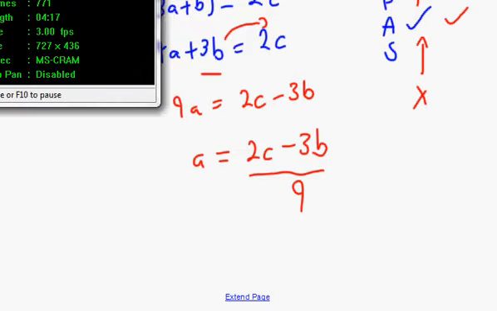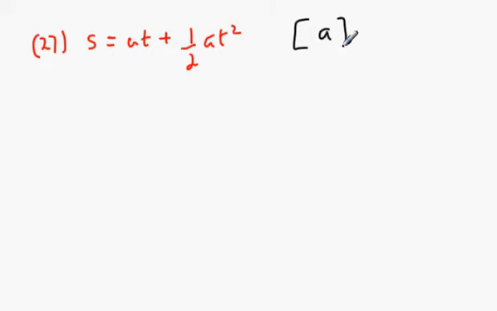Any questions? 27. Okay. So S equals UT plus a half AT squared. And we're trying to get A on its own. So first and foremost, we notice that they haven't got the same denominator, do they?